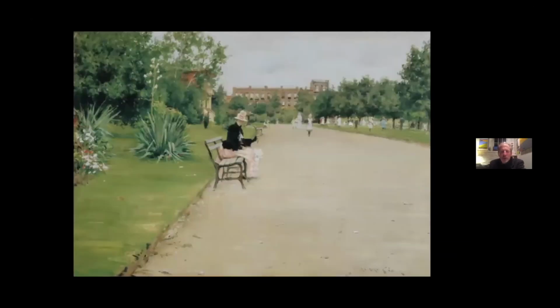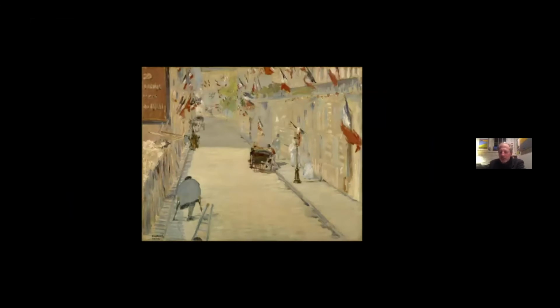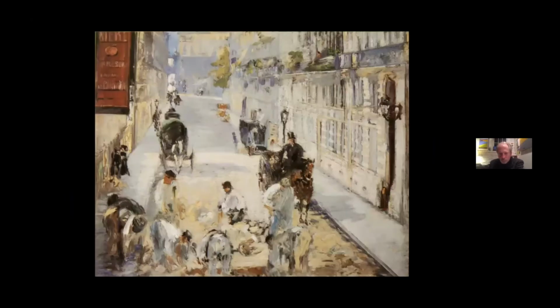A couple more Chases. This is a Manet painted from life, except that he was inside his studio. This is just a view out of his studio, not the one on the Rue St. Petersburg. And here's another picture of the same view while they're recobbling the street.